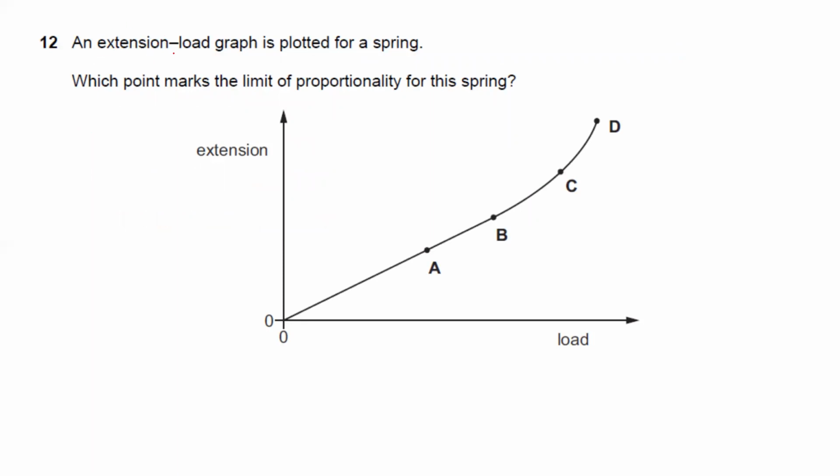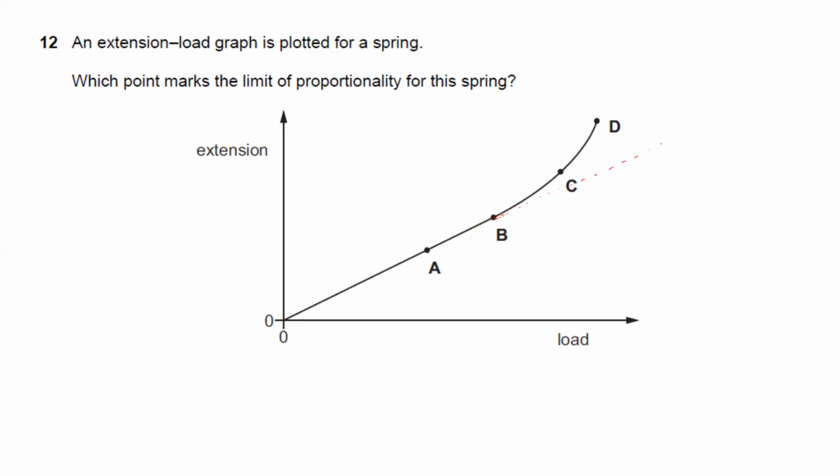Question number 12, an extension load graph is plotted for a spring. Which point marks the limit of proportionality of the spring? So it must be the point where the graph stops being linear. If we extrapolate, it comes to be something like this.